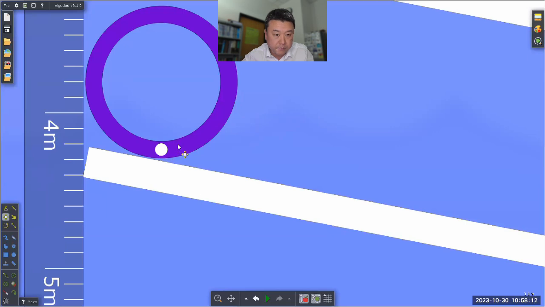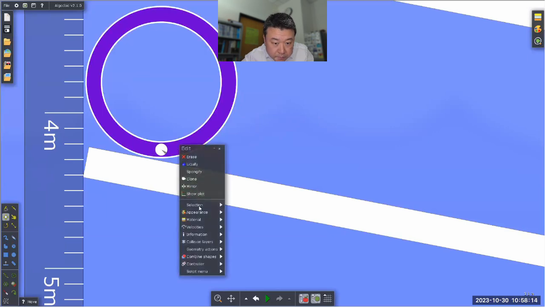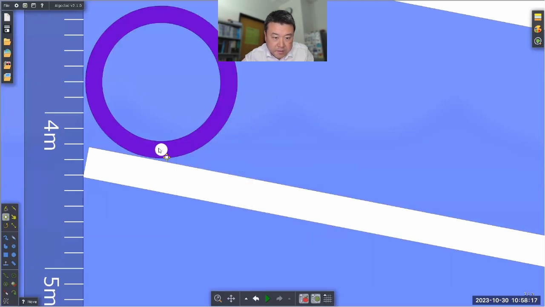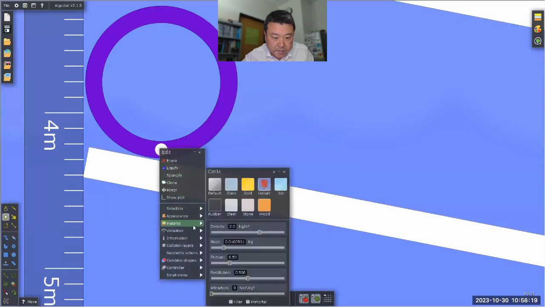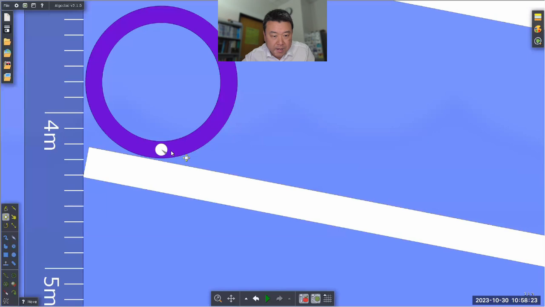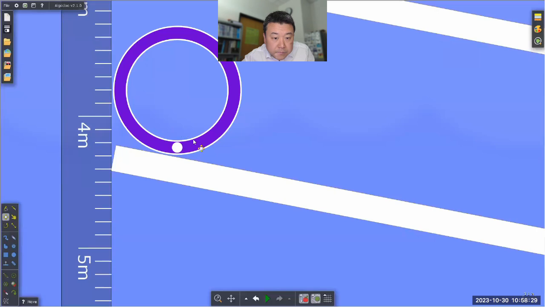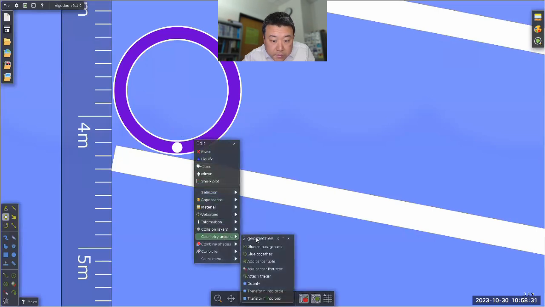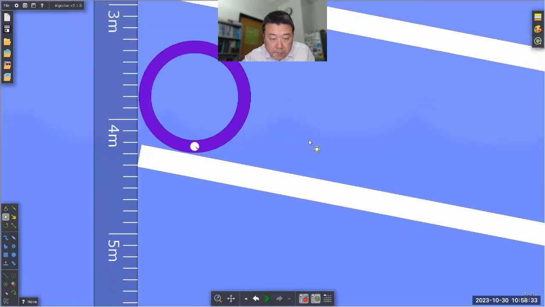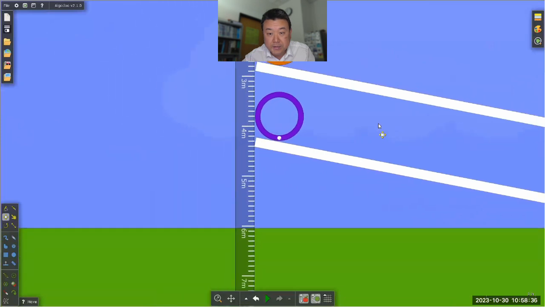I'll make its mass really tiny, as small as they let me make it, and I'll combine these two masses together. Geometry actions, glue together. Okay. Let's see what happens.